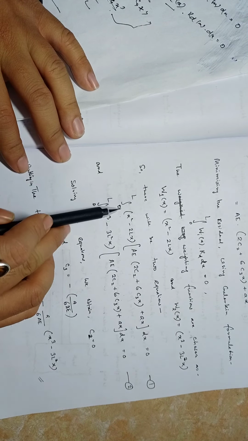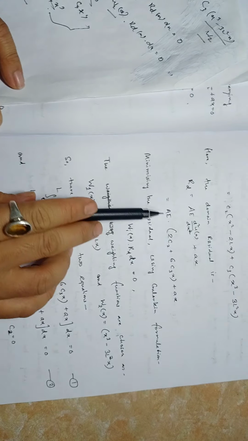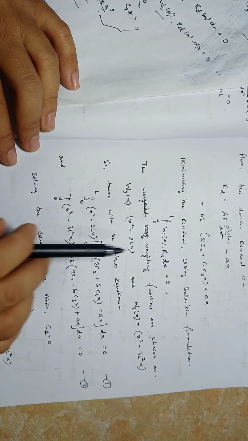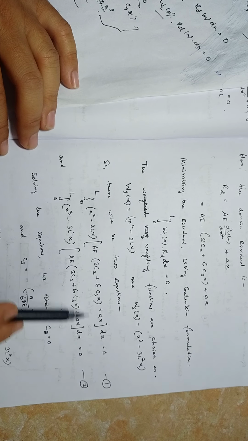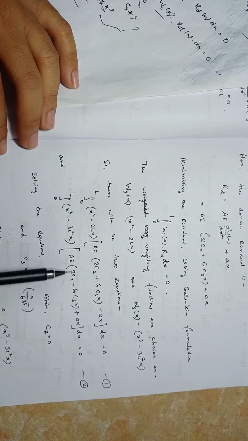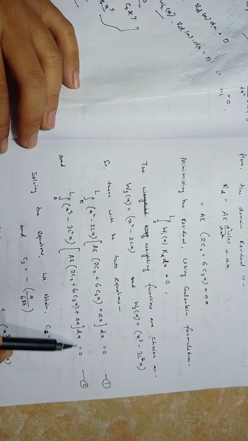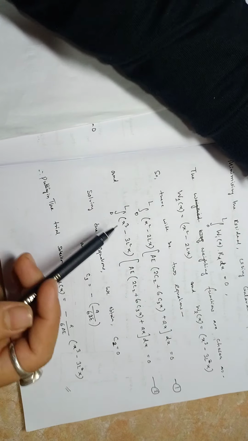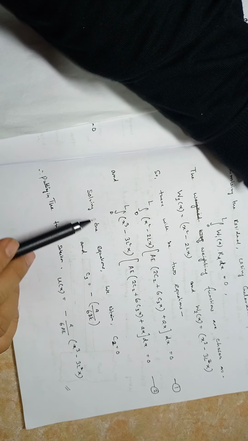So w1 integration 0 to L, w1 multiplied by the domain residual, okay. By putting the constants and multiplying by dx, equal to 0, this is the first equation. And integration 0 to L of x cube minus 3l square x, multiplied by the domain residual dx, equal to 0, this is the second equation. I have skipped the solution part, so you can solve both equations.